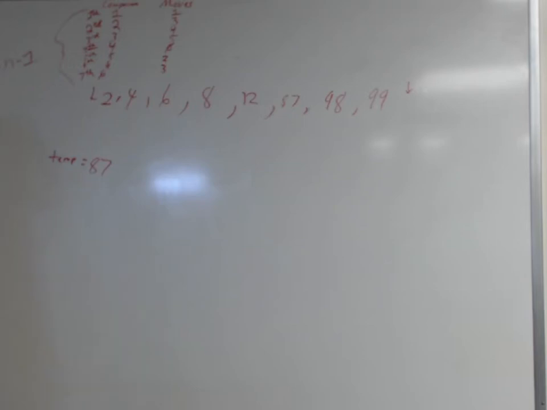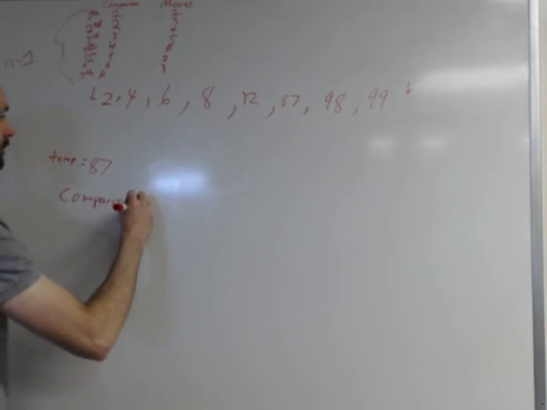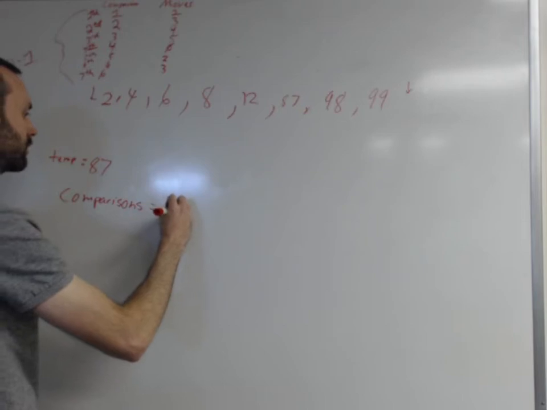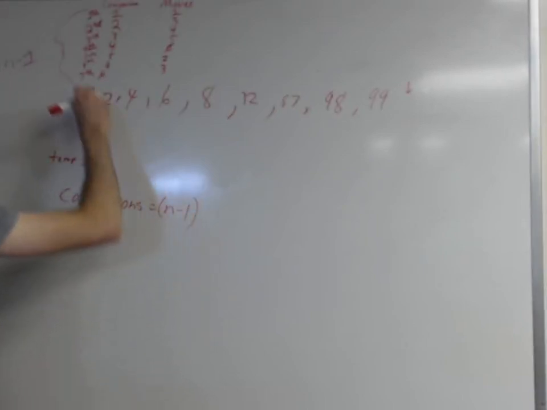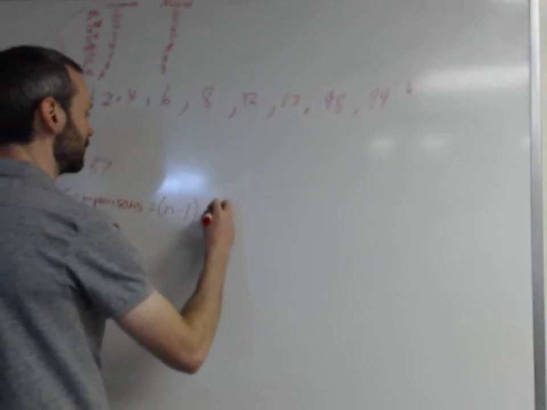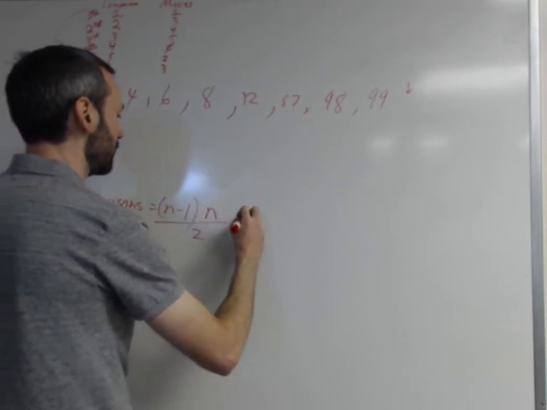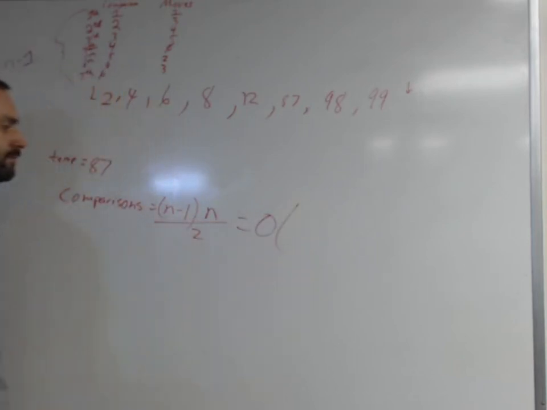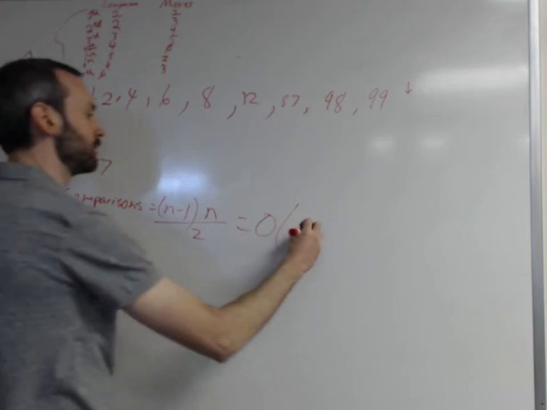On average, a comparison was probably half of n, right? So what's your big O of comparisons? It's n-1, because you had to do it n-1 times, and each time roughly half of n comparisons. Which is big O of what? N squared.